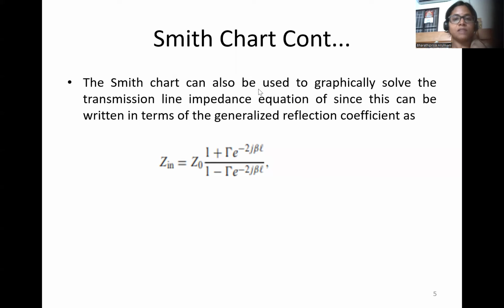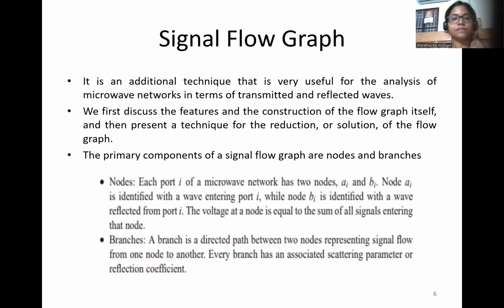So the Smith chart can also be used to graphically solve the transmission line impedance equations. This can be written in terms of the generalized reflection coefficient. So here in RF, the major role is for impedance matching. To find the impedance matching, we can go for these Smith chart concepts.